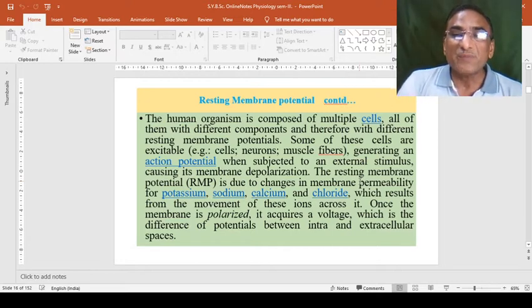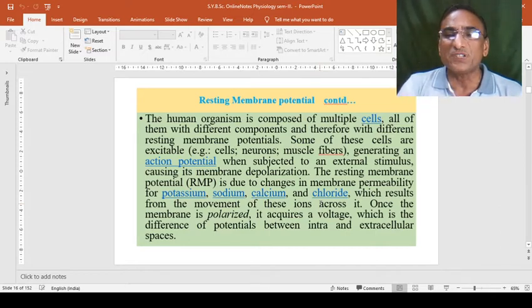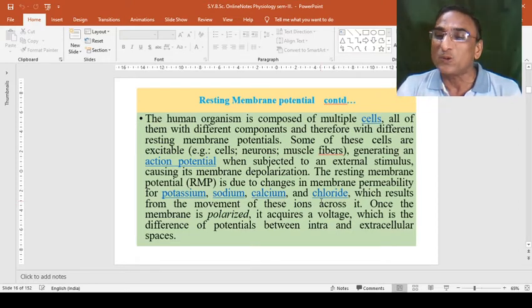But the membrane permeability for potassium, sodium, calcium and chloride, these are the four very important elements in each and every cell of the human body or in all animals, but particularly in nerve cells. These four elements play a very key role, and they facilitate the activities of the resting membrane potential and its role.